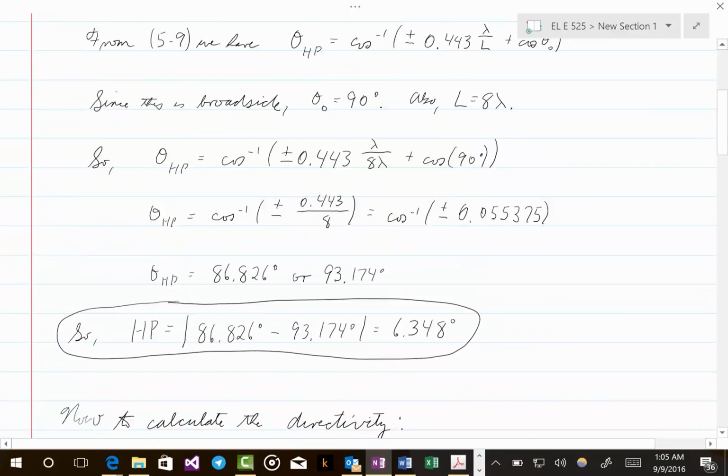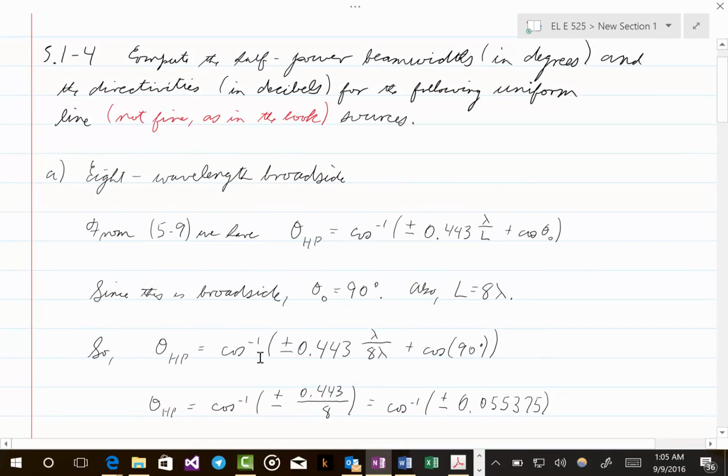Looking in Chapter 5, we see in equation 5-9 the following formula. Theta for half power is equal to the inverse cosine of plus or minus 0.443 lambda over L plus the cosine of theta naught.